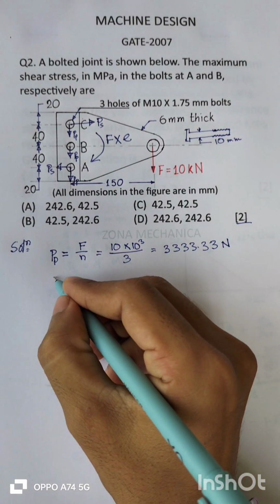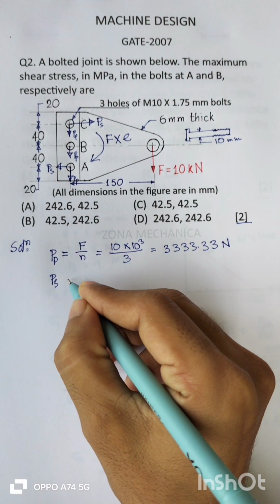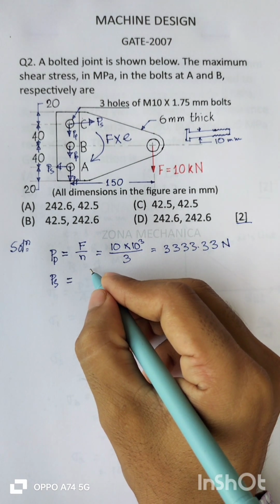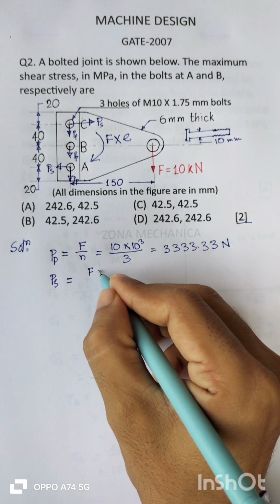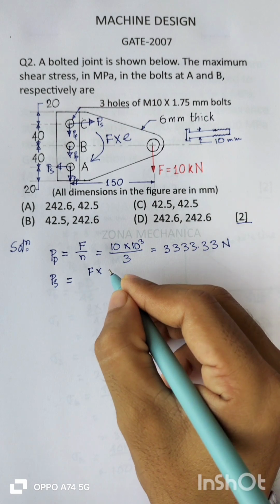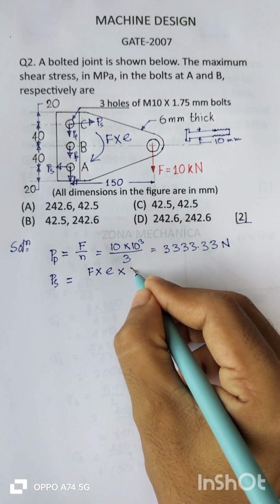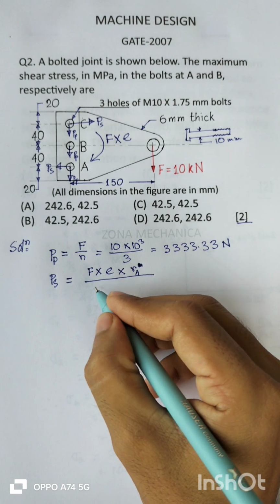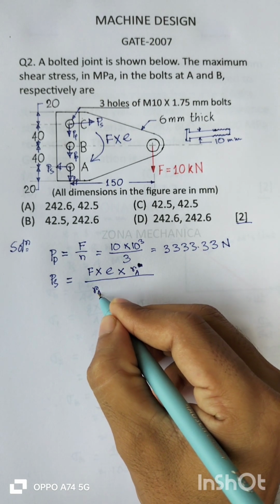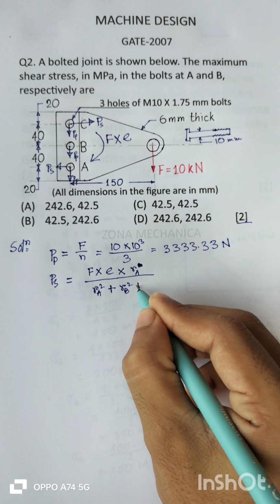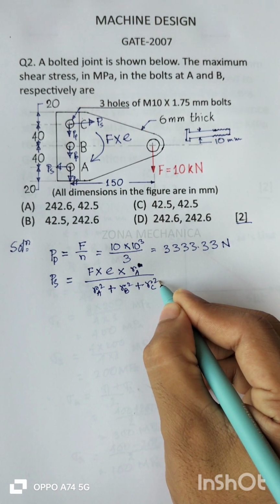Now the secondary shearing load PS will be given by F into E into RA by RA square plus RB square plus RC square.